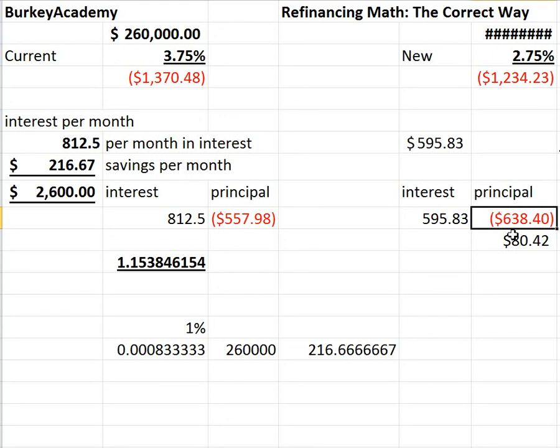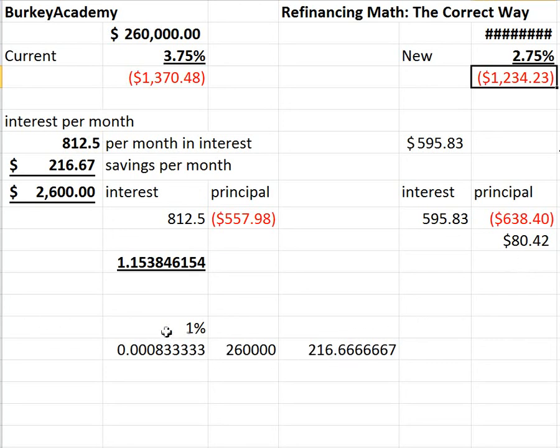And so then the next month the interest goes down and the amount of principal goes up that you're paying. That's the way a mortgage works. Every month the amount of interest goes down as you pay down that balance. Every month the amount of principal being paid on goes up and up and up until that last payment that you make years from now, almost all of that payment is going to go towards paying down the principal. You won't have much interest because your balance will be so low.